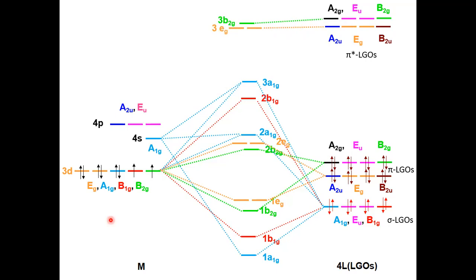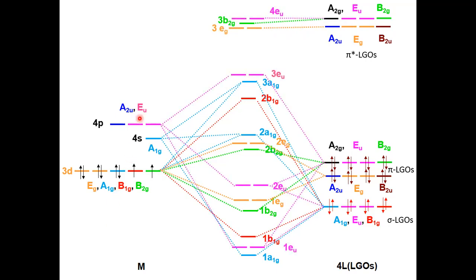Okay, what else is to consider? We have also EU orbitals. The 4p orbitals are EU type, at least two of them, namely the px and the py. So we now have EU orbitals among the sigma ligand group orbitals and EU orbitals among the pi ligand group orbitals.